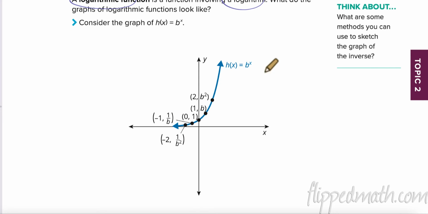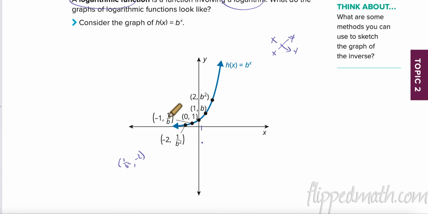That means what? It means my x has become my y has become my x, right? All right. So instead of the point -2, 1 over b squared, I'm going to have 1 over b squared and -2. Somewhere in here, it's got to reflect in that line, right?